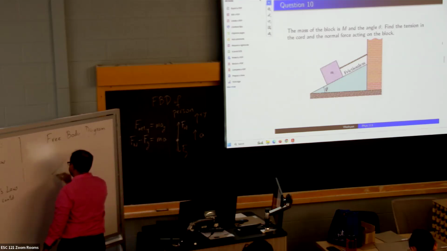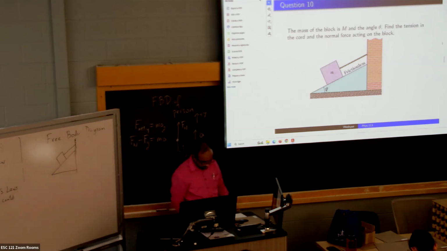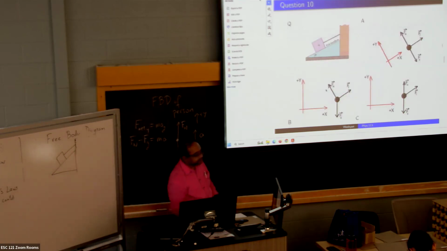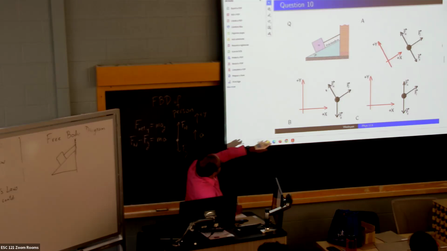And we are interested in the forces acting on the block. So that's the general situation. First, let me put this question to you and then we'll analyze it further. Which of these is a valid free-body diagram? You know, 3 choices, A, B, or C.